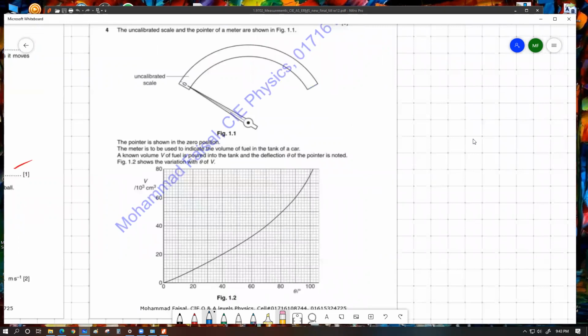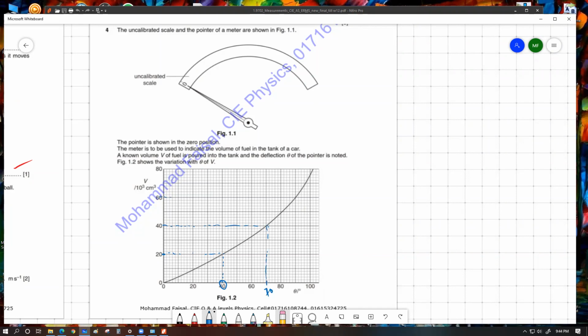Let's say, what is the angle deviation for 20 × 10^3 cm³? What is the angle deviation for the 20 value on the y-axis? You just plot it on the y-axis. You get that the first reading is at 40 degrees. Then the next one, for 40, you are getting at 70 degrees.